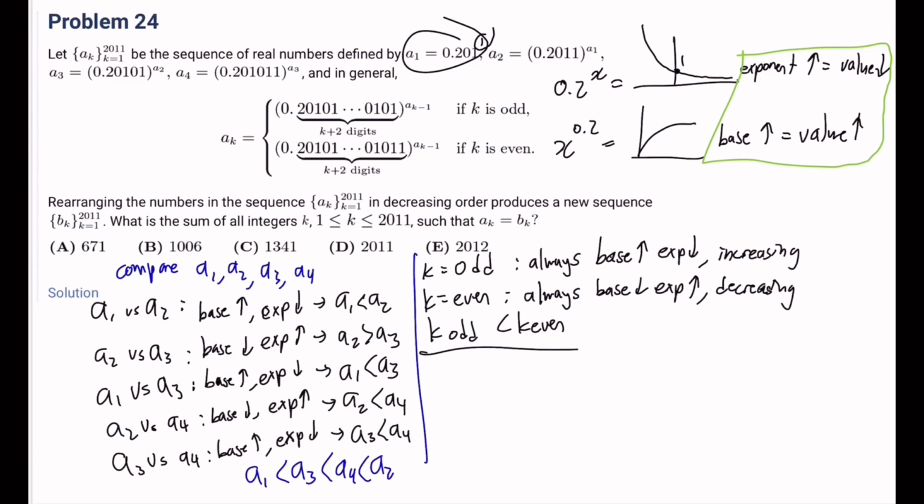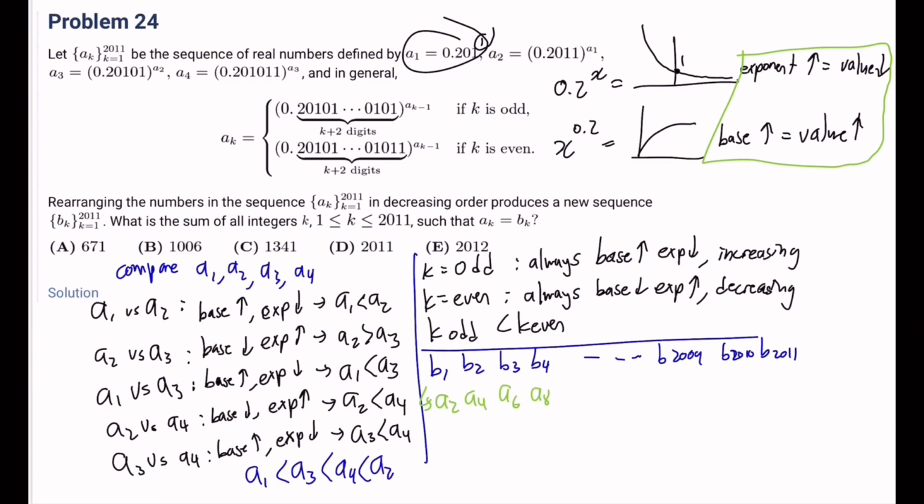So if we do that, then we are going to get b1, b2, b3, b4, all the way to b2009, b2010, b2011. This is going to start with a2, right? Because a2 is the biggest, since even is always bigger and it's decreasing. So a2 is the biggest, and then a4, and then a6, and then a8, all of the even numbers, until we reach the midpoint.